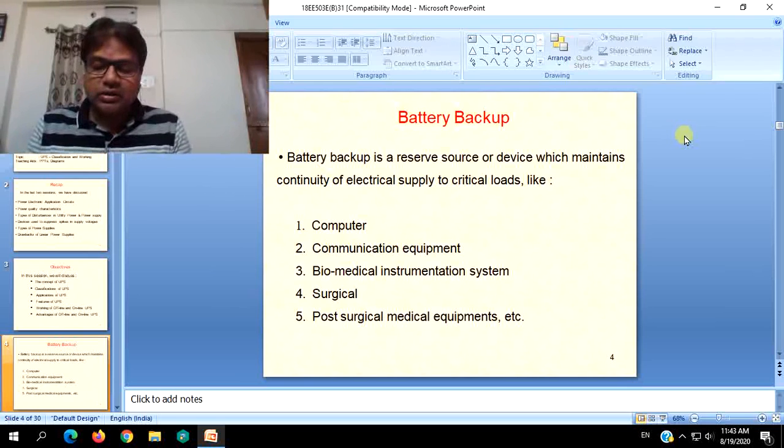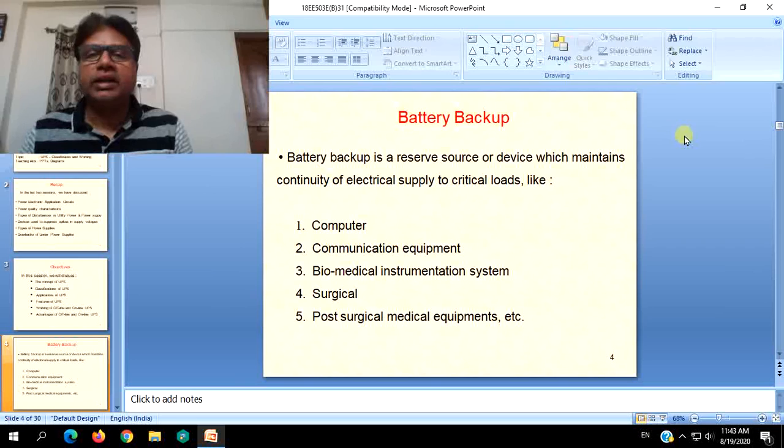So backup is the one which takes the place of the actual equipment in certain durations or certain times where the need arises.